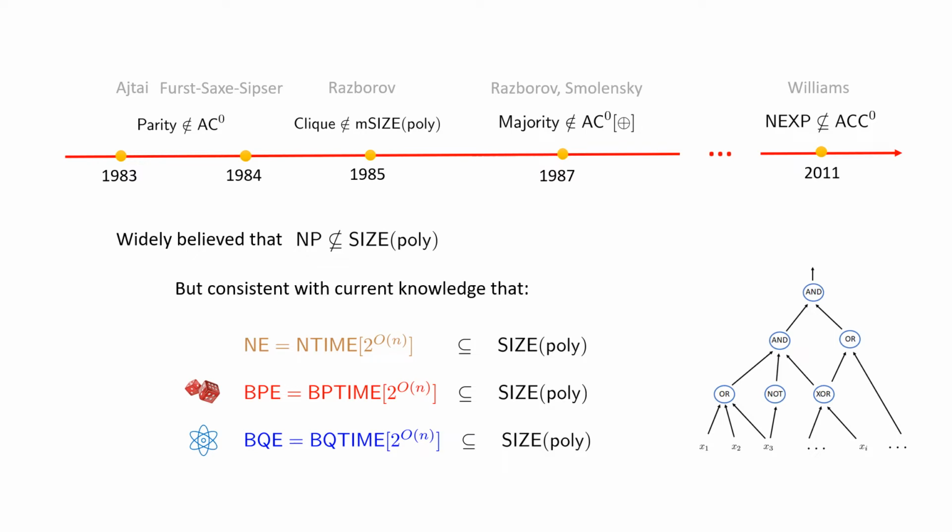But at the same time, it is consistent with our current knowledge that even problems that we can solve with exponential resources, like non-deterministic exponential time or even quantum exponential time, it's still possible that all these problems admit Boolean circuits containing only polynomially many gates. So it is still possible that quantum computations of exponential size can be classically simulated with only polynomially many gates.